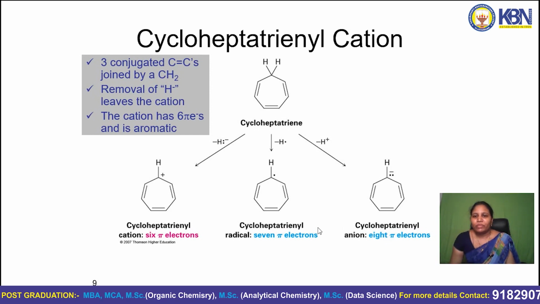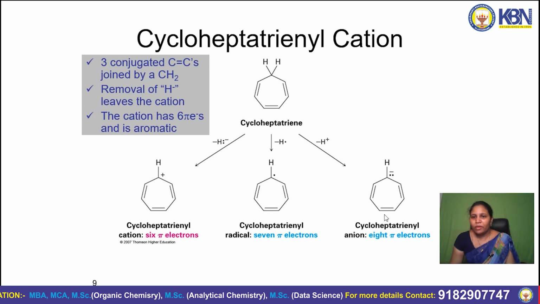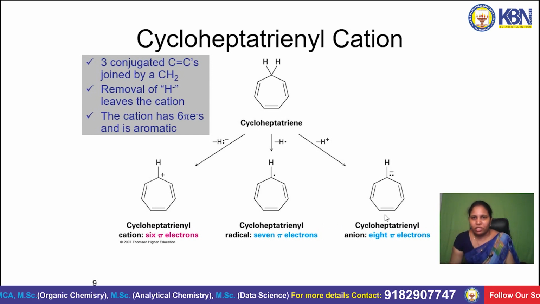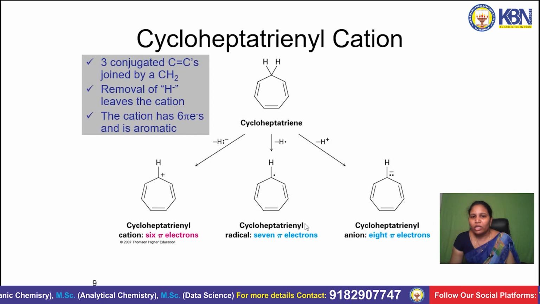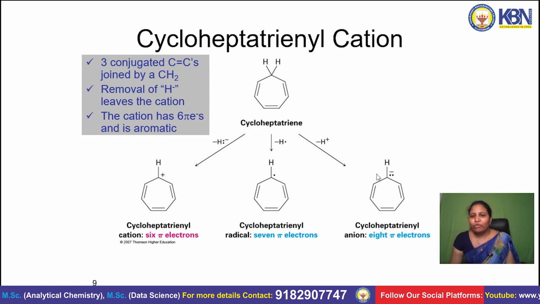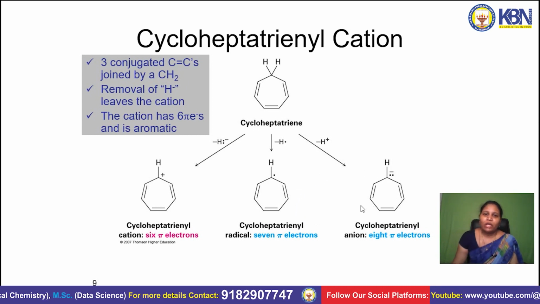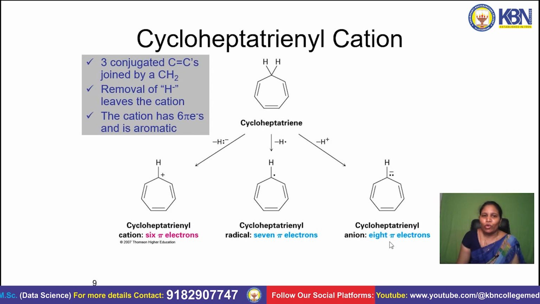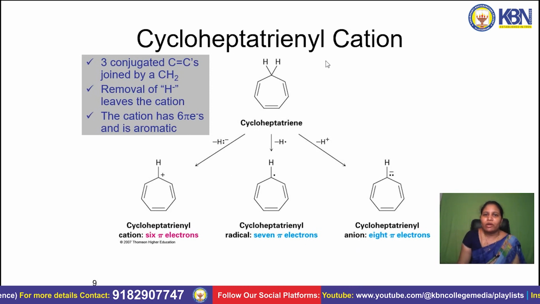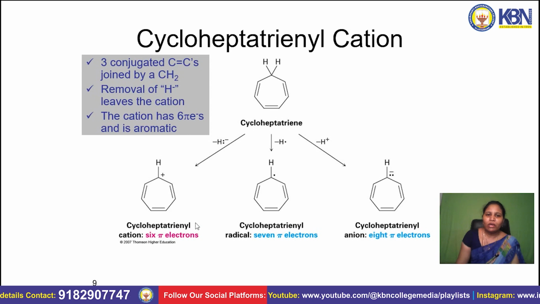Why? Because they are not satisfying the criteria for aromaticity. That means they are not involved in the formation of a pi electron cloud. Only the cycloheptatrienyl cation is said to be aromatic.